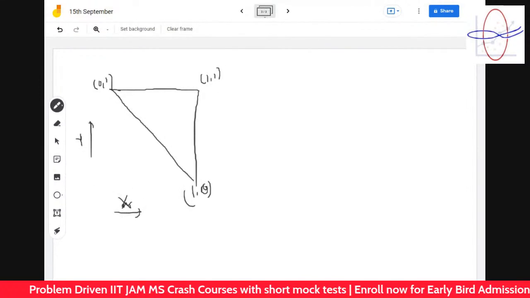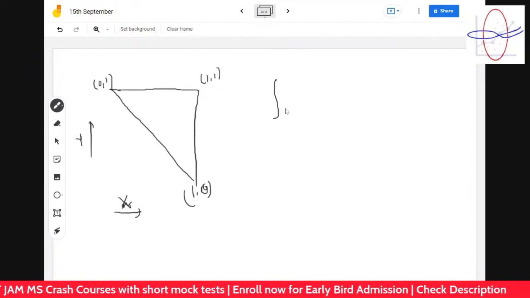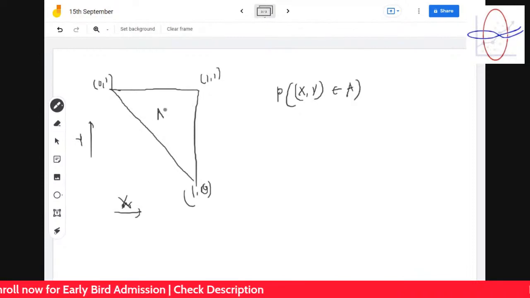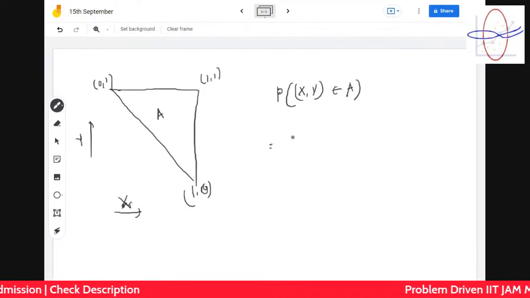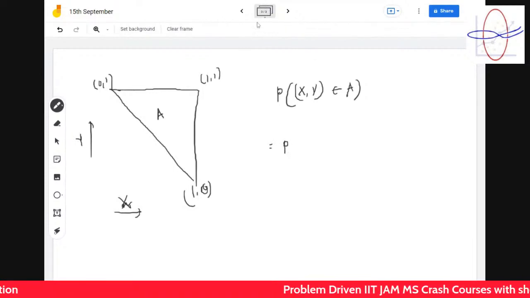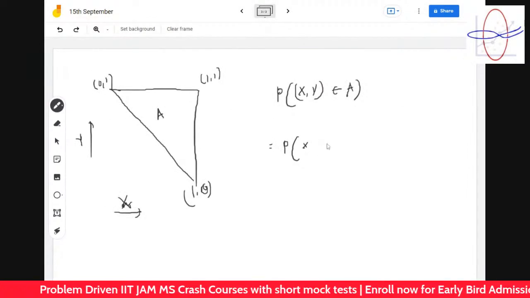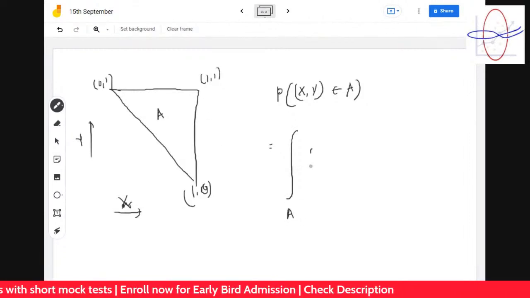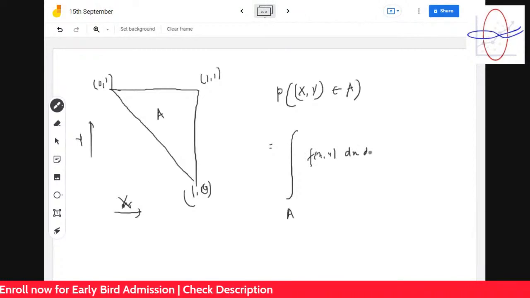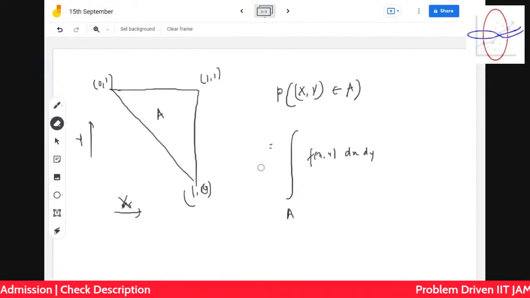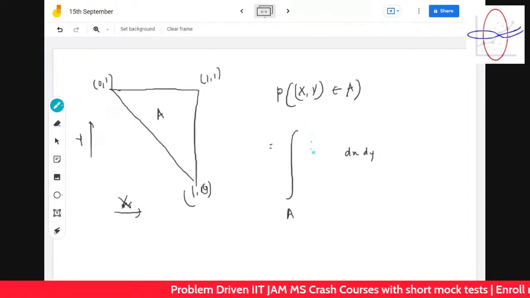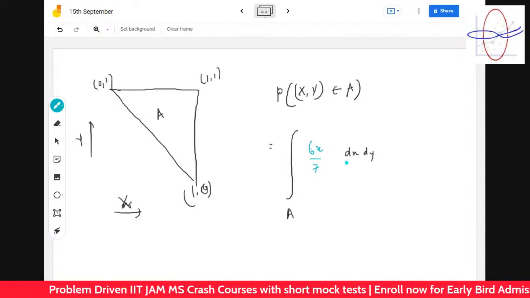We need to find the probability that x comma y belongs to this set A, and it's the same as the integration over this region A of f of x comma y dx dy. Let's replace f of x comma y, which is nothing but 6x by 7, so we integrate 6x by 7 dx dy.